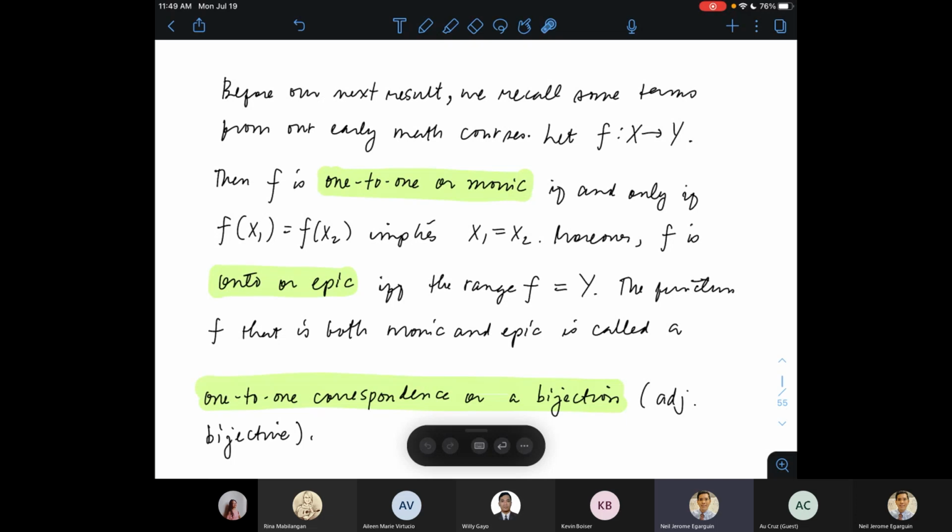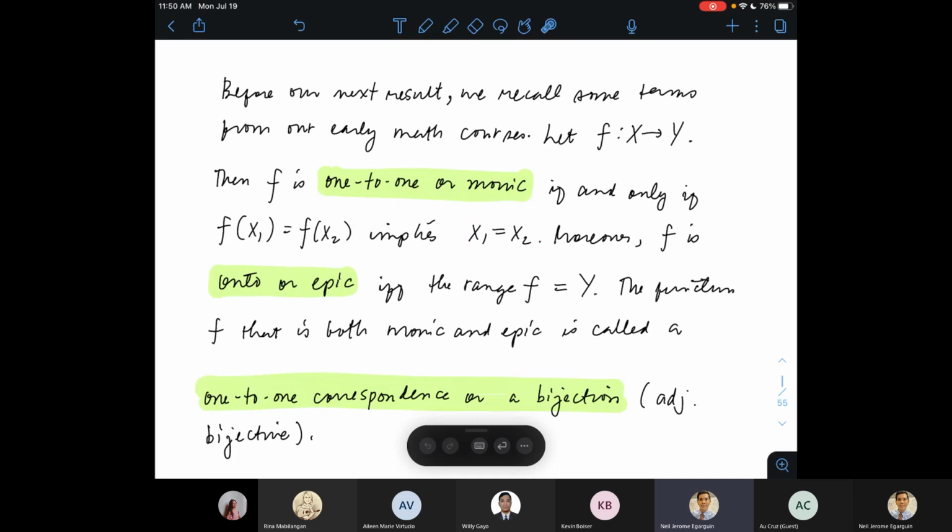So we say f is one-to-one or monic if and only if f of x1 equals f of x2 implies x1 equals x2. This is the usual concept of a one-to-one function that we learned in elementary function theory. If two elements share the same image, then those two elements must be equal to each other.